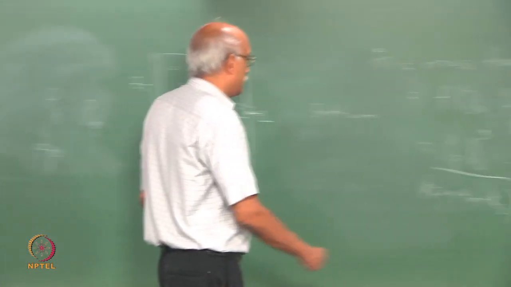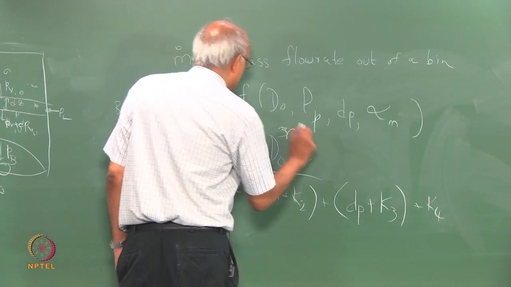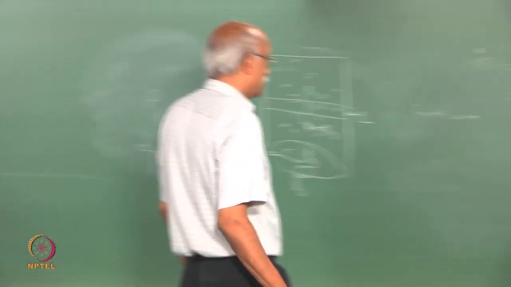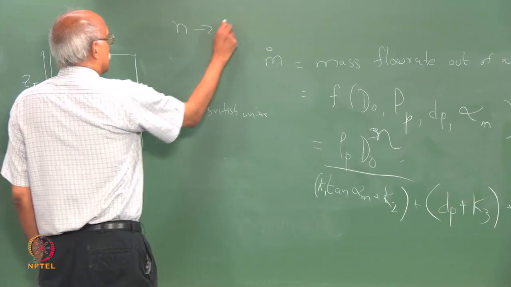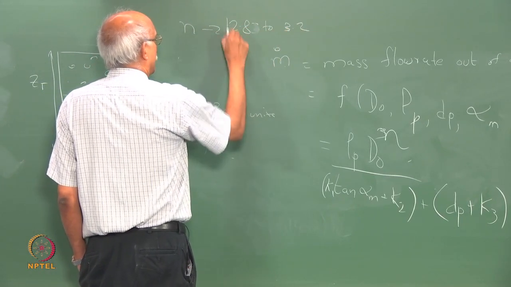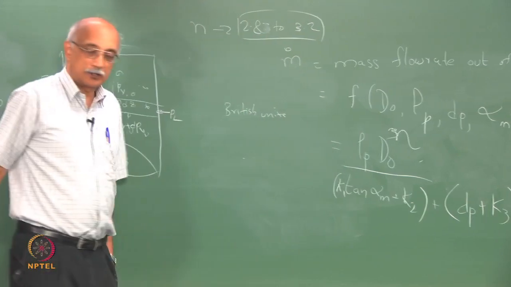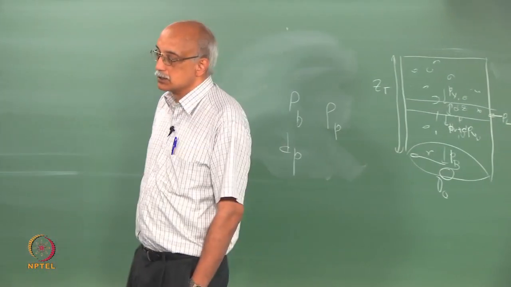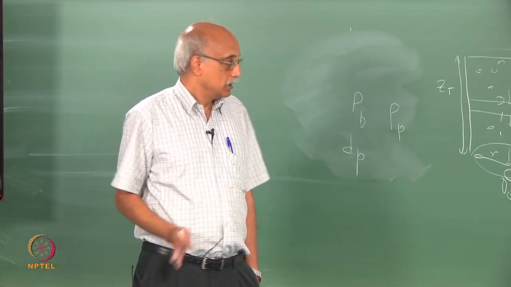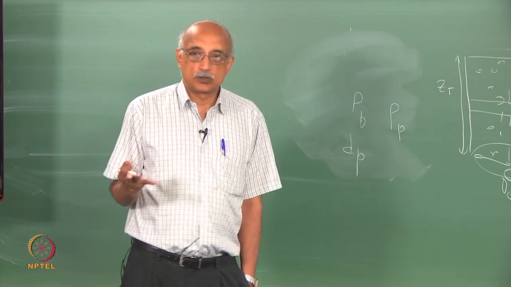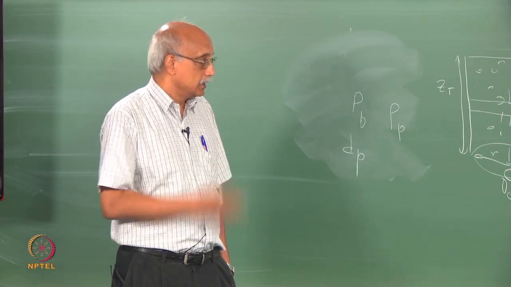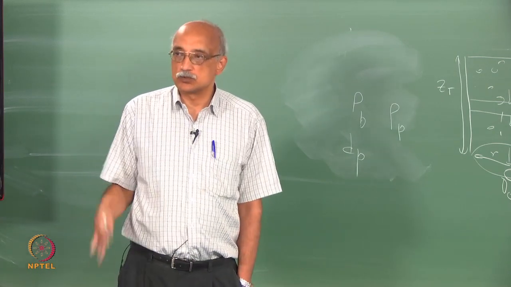Actually sorry, this is not dO cubed, in general it is rho p times dO to the power n. This n can vary from about 2.8 to 3.2 depending on how cohesive the material is. For material that is less cohesive, which is free flowing, it depends as dO cubed, whereas for material that is a little more sticky, it goes as, the stickiest material goes as 2.8.